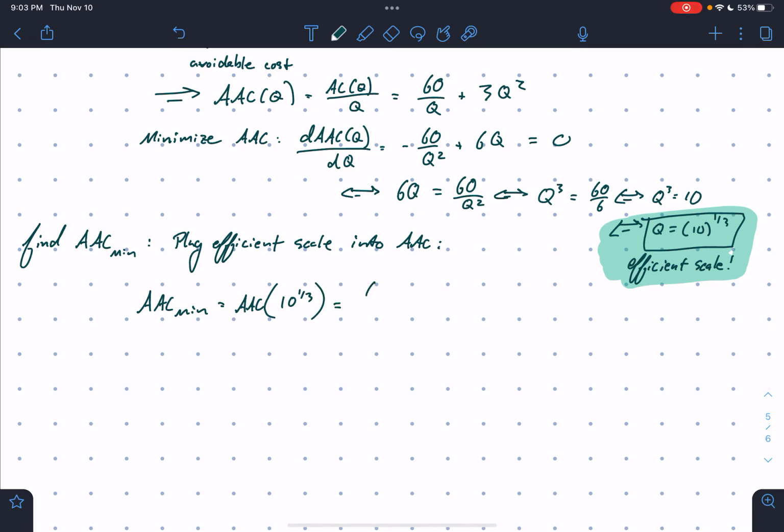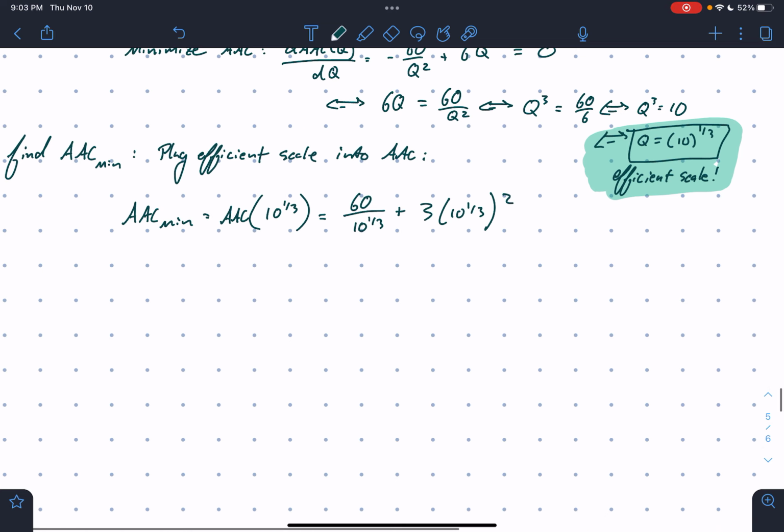So this is 60 over 10 to the 1/3 plus 3 times 10 to the 1/3 squared. So it's 60 over 10 to the 1/3 plus 3 times 10 to the 2/3, I guess.